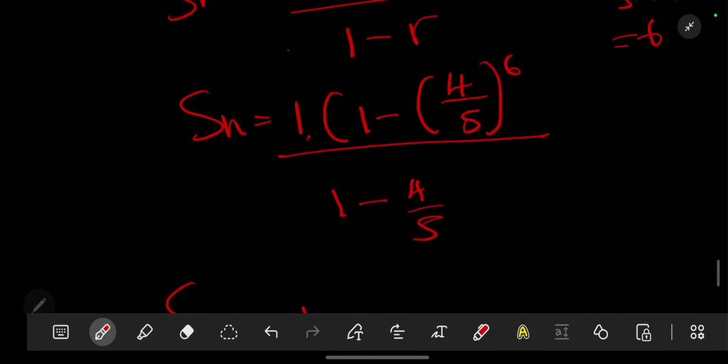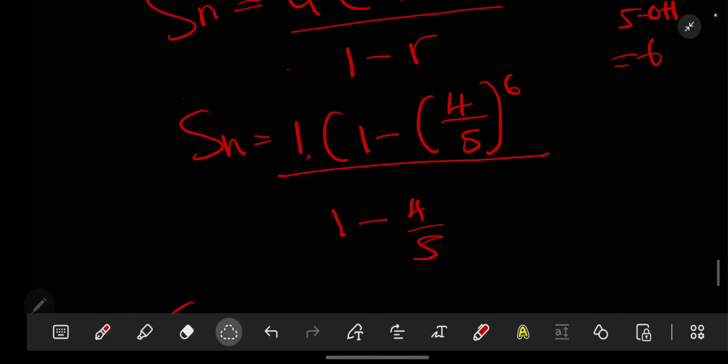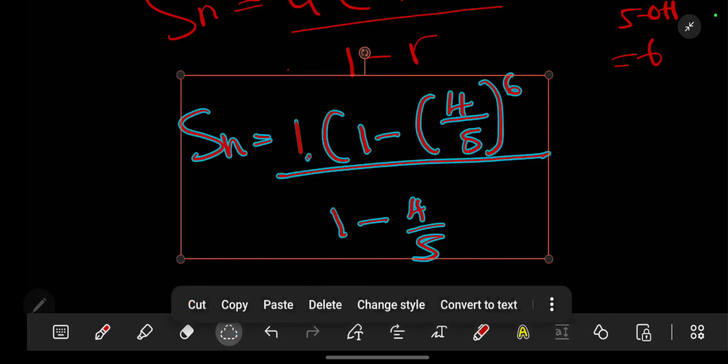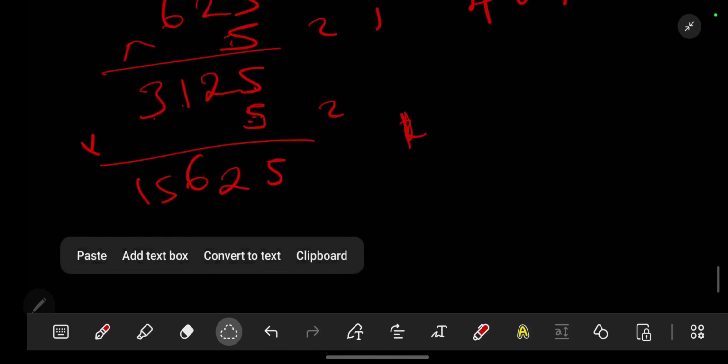So let's just lift this. So the sum of the 6 terms. There are 6 terms there.